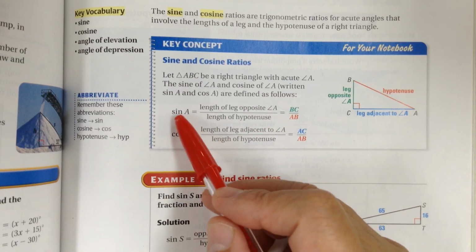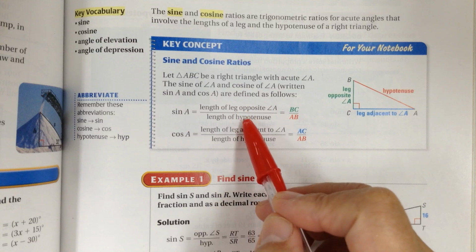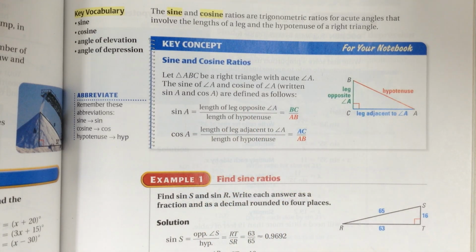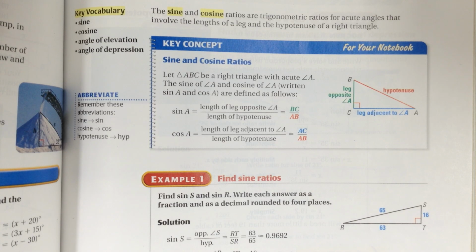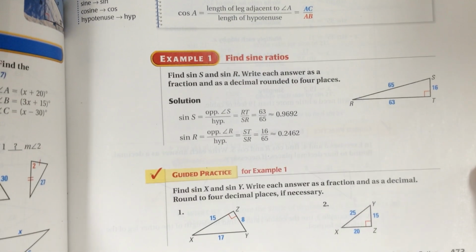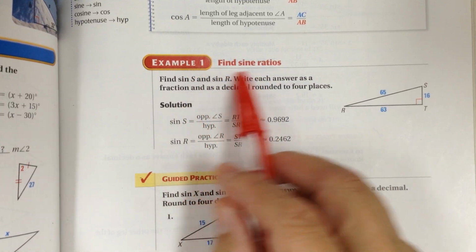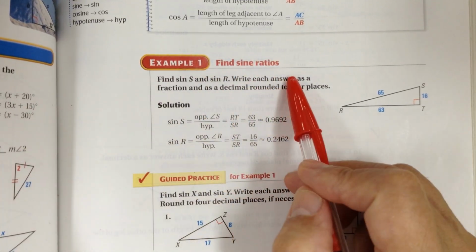So that's how you memorize it. So SOH CAH TOA. That's how you use the acronym to remember your sine, cosine, and tangent.